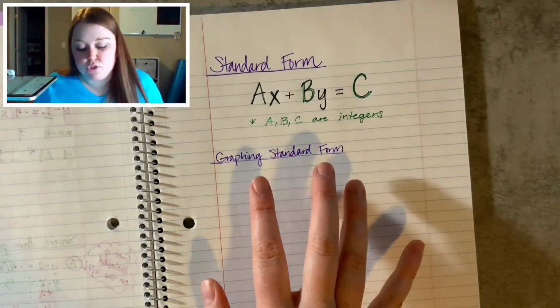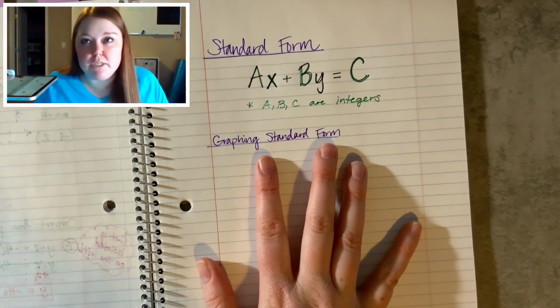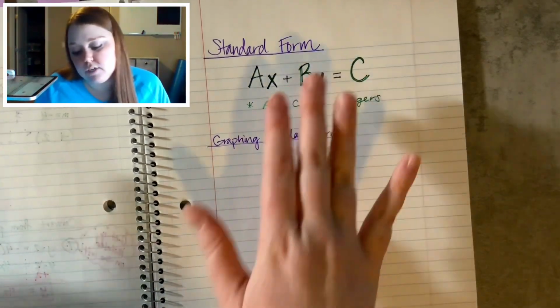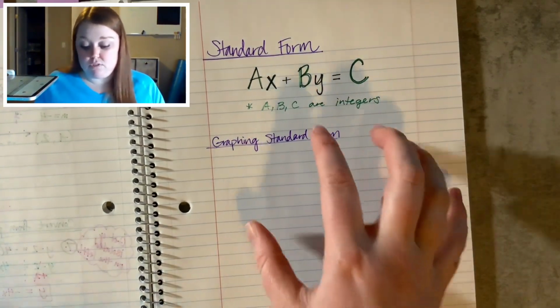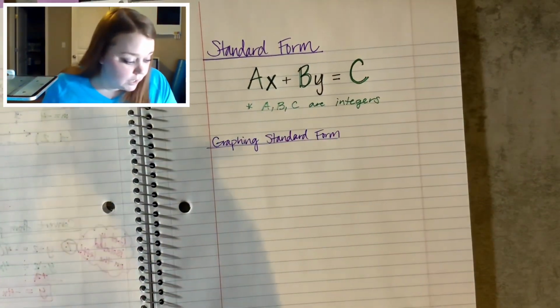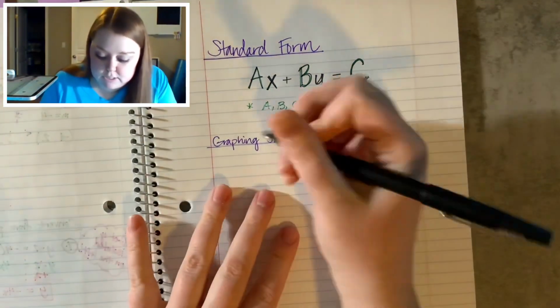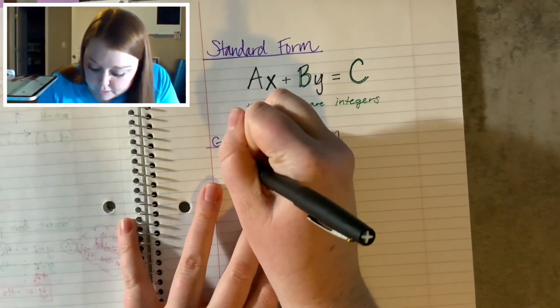But I do want to show you another way, and it's probably the coolest feature about standard form. Some people just love standard form because it tells you this stuff. So please write this sentence down, and then we'll talk about it.